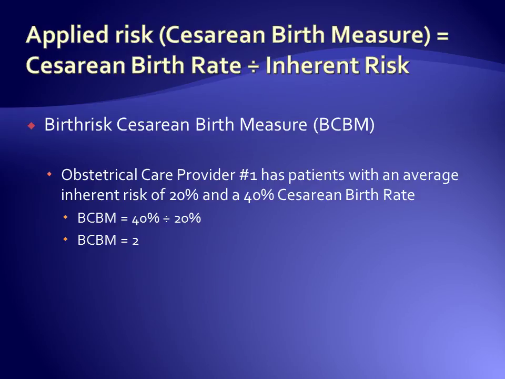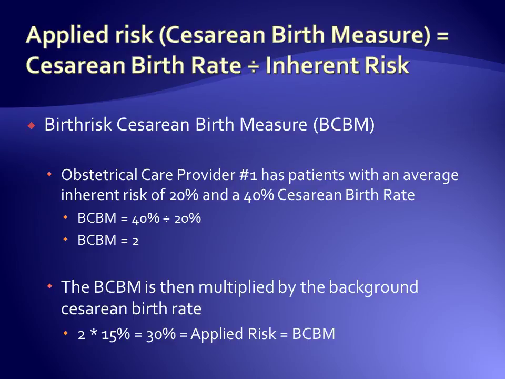For example, if obstetrical care provider number 1 has patients with an average inherent risk of 20%, and that provider has a 40% cesarean birth rate for these women, then the Birthrisk Cesarean Birth Measure is equal to 40% divided by 20%, which gives this obstetrical care provider an initial Birthrisk Cesarean Birth Measure of 2.